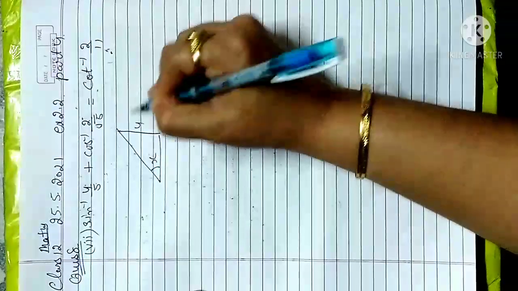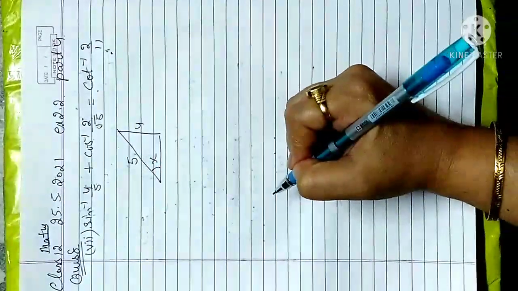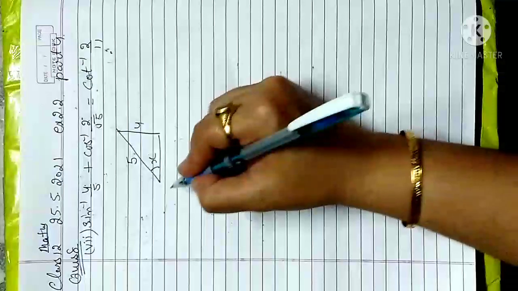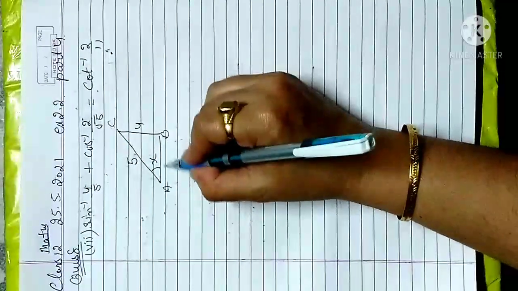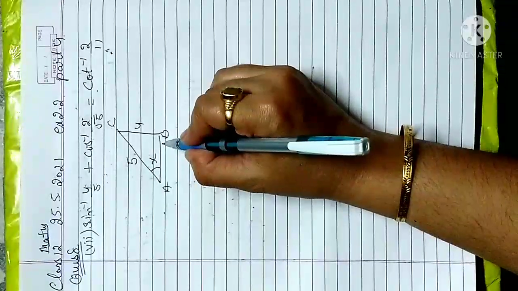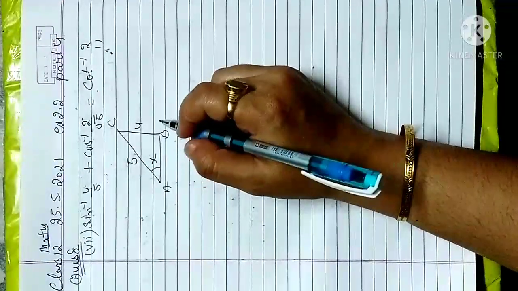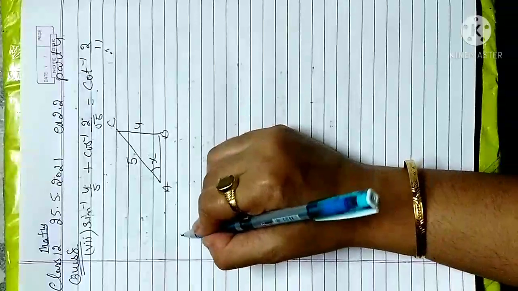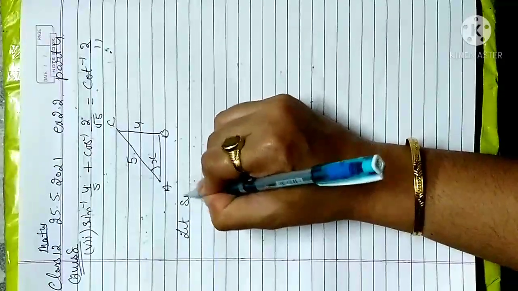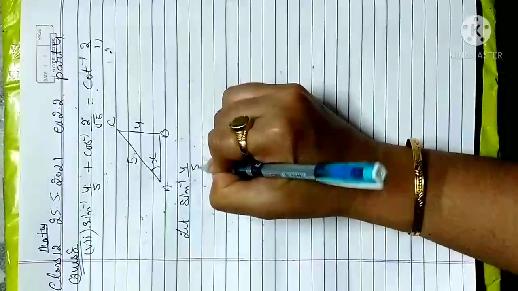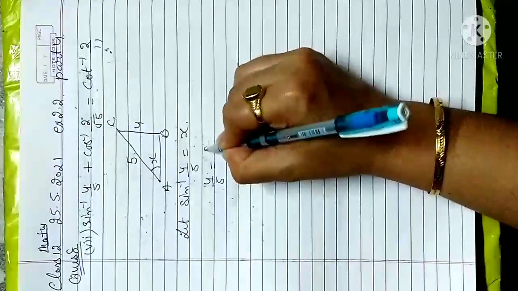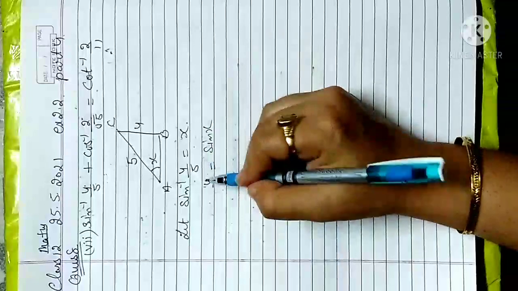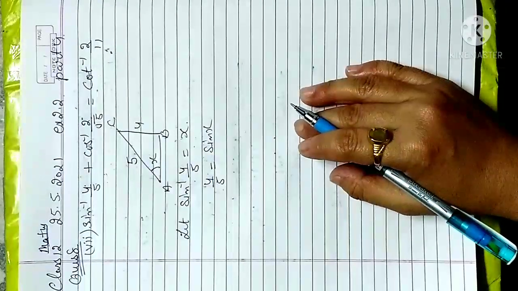So this is my 4, this is my 5, and here my triangle is A, B and C. Now next target is, first I have to find this, that is base, by Pythagoras theorem. So we consider here, let sine inverse 4 by 5 is equal to x, 4 by 5 is equal to sine x. So that is perpendicular upon hypotenuse.